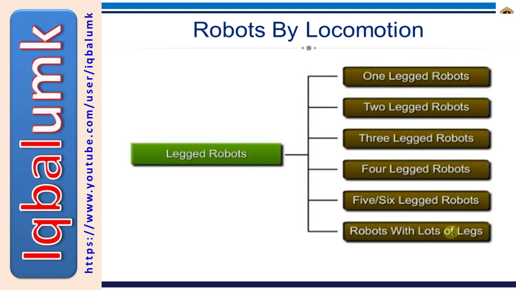Robot-robot ini sebenarnya meniru cara jalannya makhluk hidup. Kalau yang 2 kaki bisa meniru manusia, atau cara kanguru jalan, loncat-loncat juga bisa. Ada yang 3 kaki dan seterusnya.